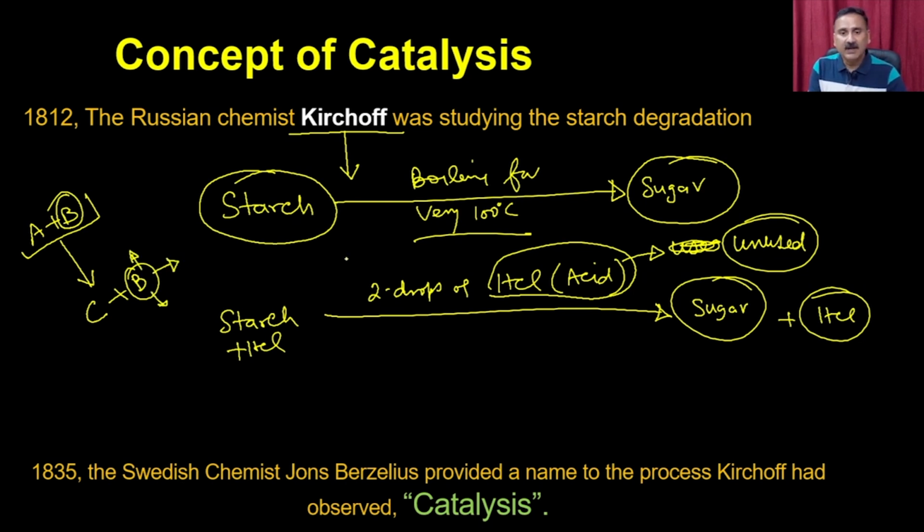When he was doing this without the acid, he was not getting the sugar, and when he added it he was getting it, but at the same time the acid was not participating in the reaction.